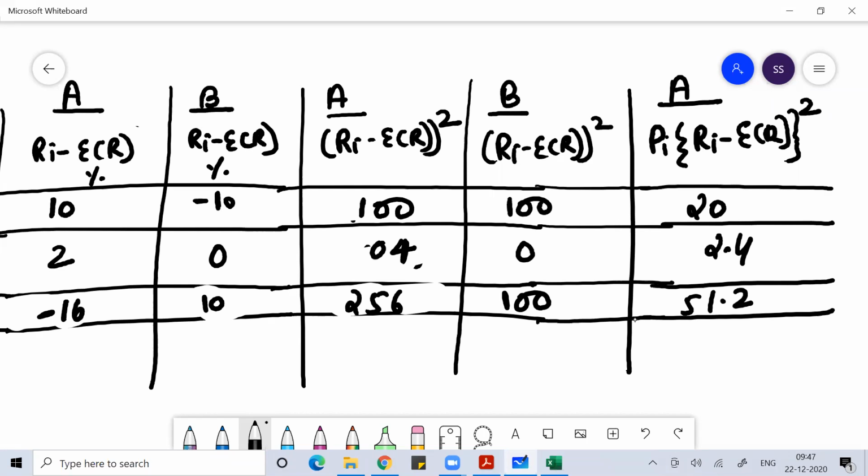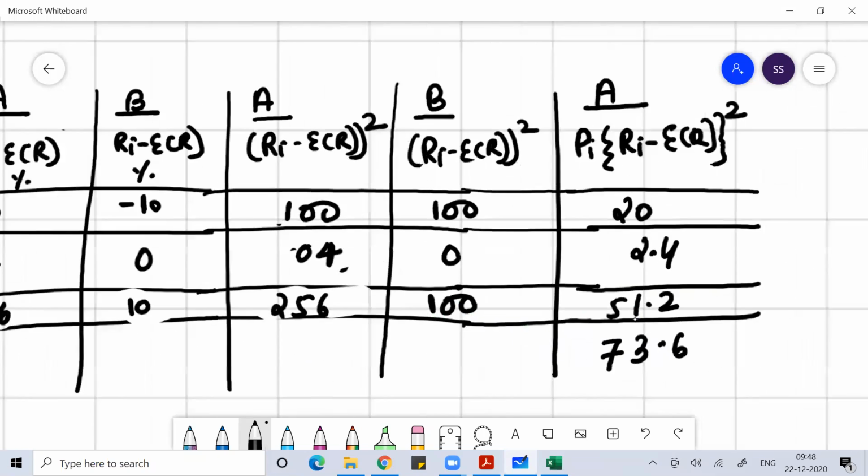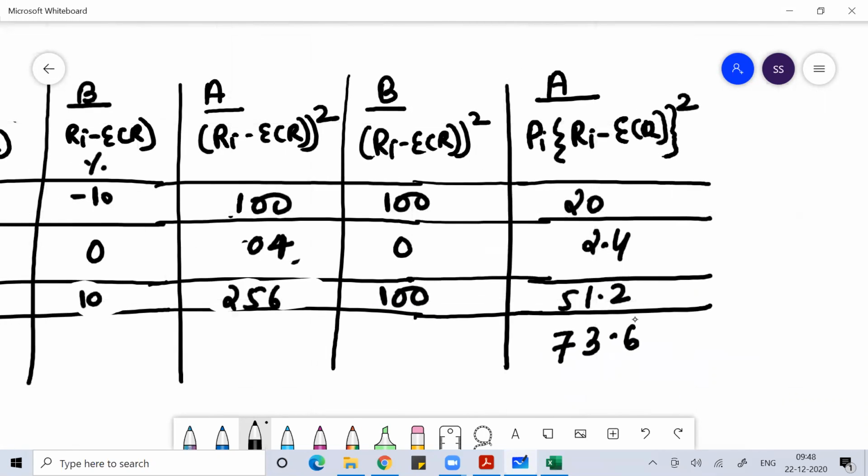Anywhere any calculation mistake? This is 0.6. This is 73.6. The probabilities are 0.2, 0.6, 0.2.